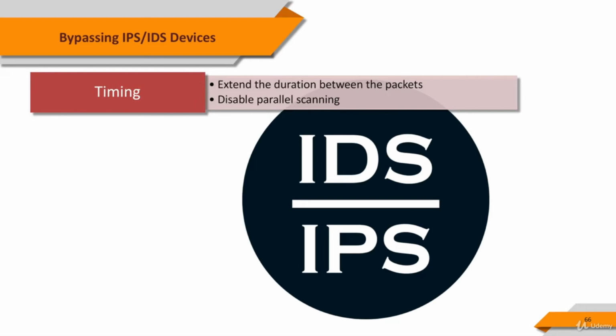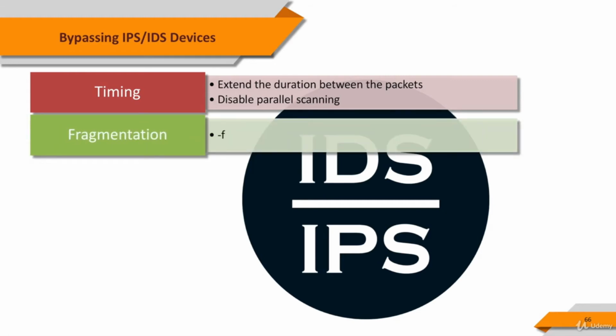Although timing techniques are used to improve scan times, they're also very good at being invisible against network security devices such as firewalls or IDS and IPSs. We'll see the timing techniques in detail, but let's see the other techniques to bypass security measures.